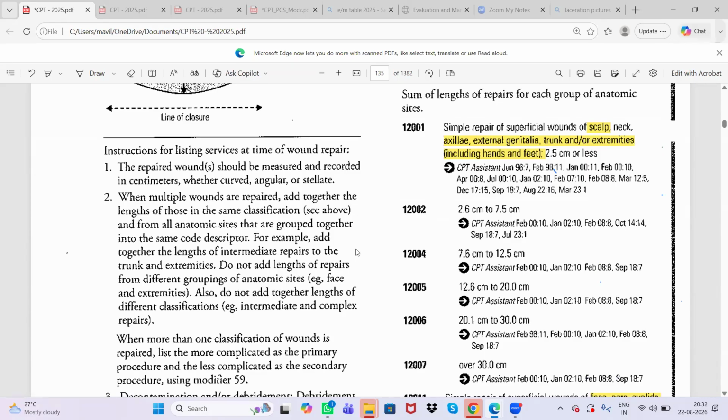Simple repair is being done on the right arm, which is 15 centimeters. What is the answer? 12005. So hand will come under the extremity, right? Yes. The answer 12005 is the right one.